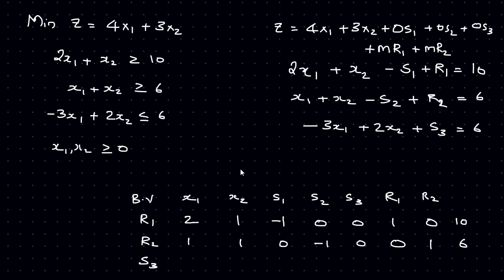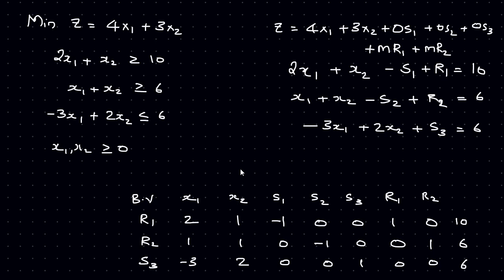For the final one we have negative 3 for x1, then 2, then 0, 0, for s3 it is 1, and r1 and r2 are 0, 0, and the right hand side is 6.